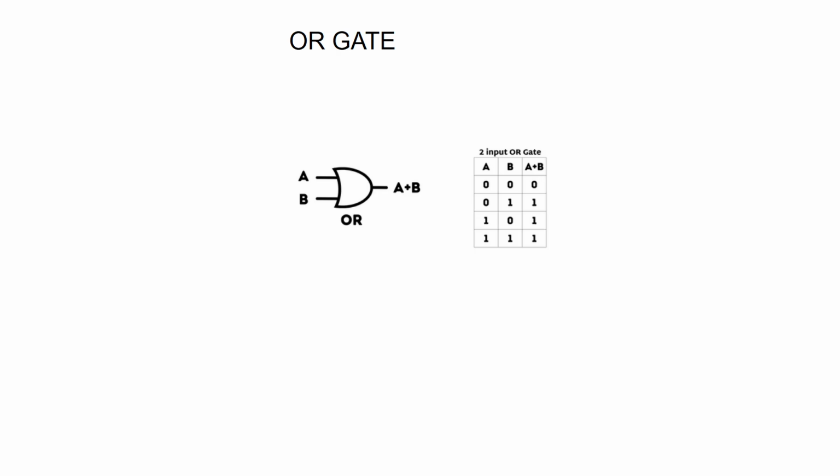So in this case, as we saw, if we have A as 0 and B as 0, we also have 0. If we have both inputs as off, then we have off. If we have either of the inputs as 1, then it's 1. And if we have both of them as 1, it's 1.